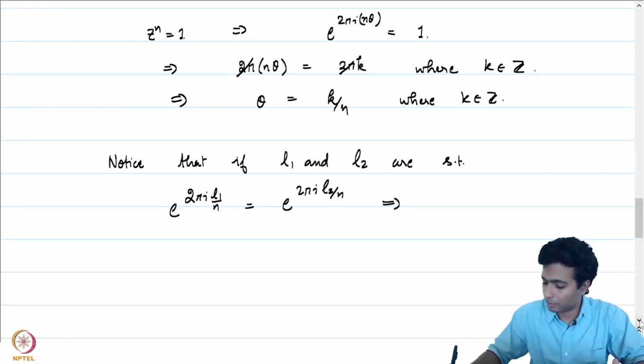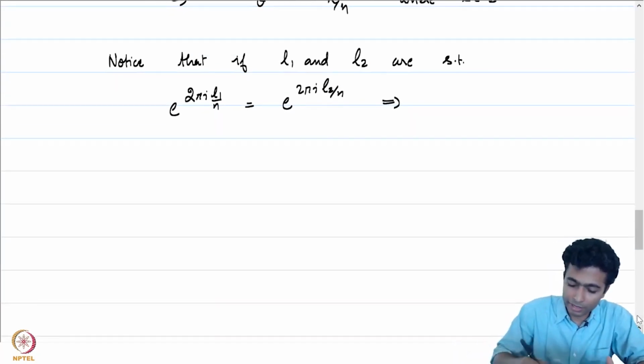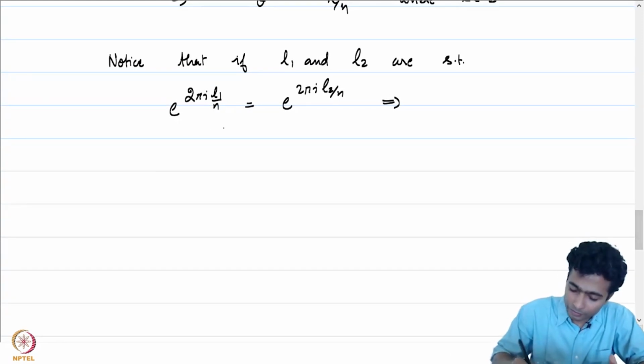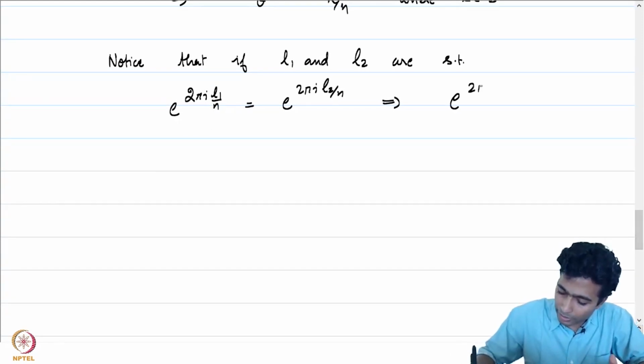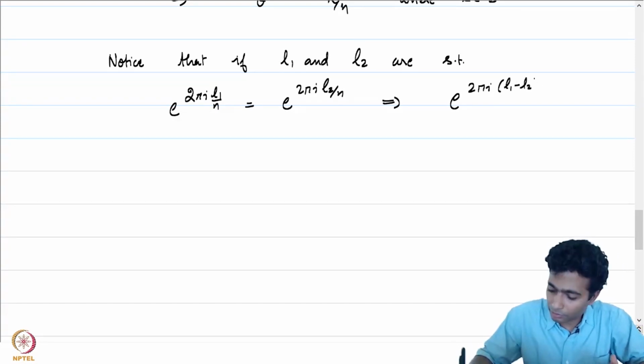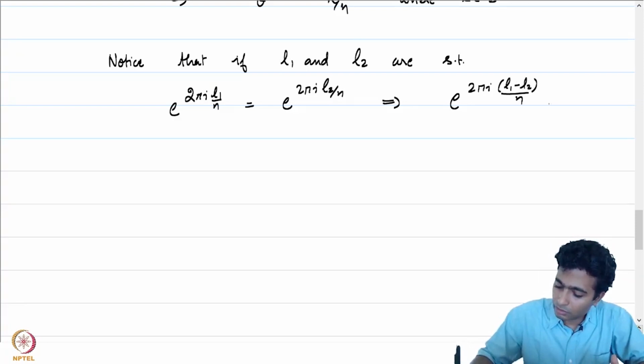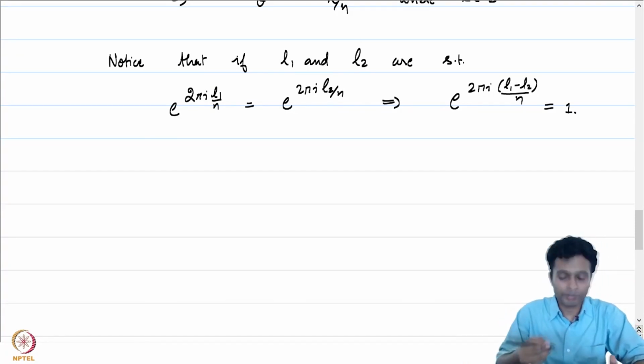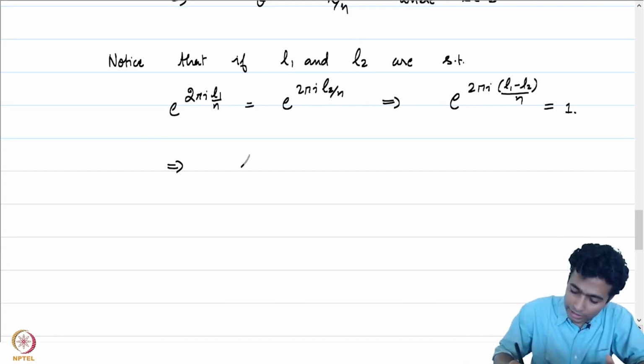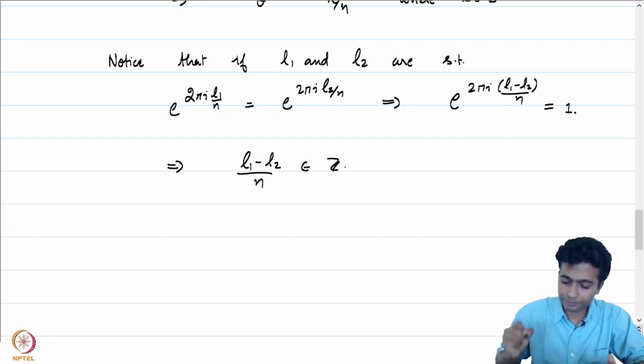This again, by a very similar argument, tells us after multiplying by the complex conjugate that e to the power 2 pi i (L1 minus L2) by n is equal to 1. And by a very similar argument as above, this tells us that (L1 minus L2) by n belongs to Z.